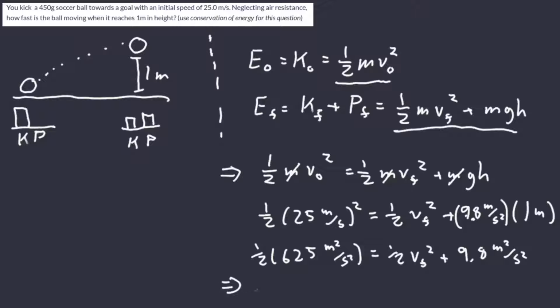If I rearrange this a bit, multiply everything by 2, I'm going to cross out these 1/2s and put a 2 here. I end up with v final squared is equal to 625 minus 9.8 times 2, which is 19.6 meters squared per second squared.